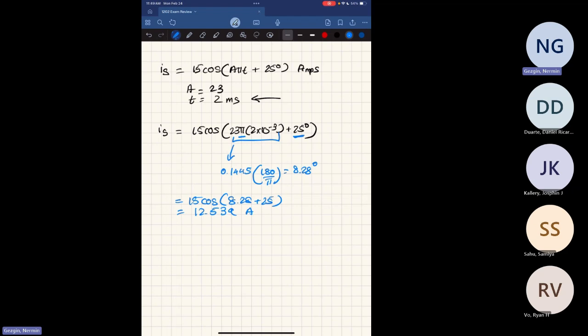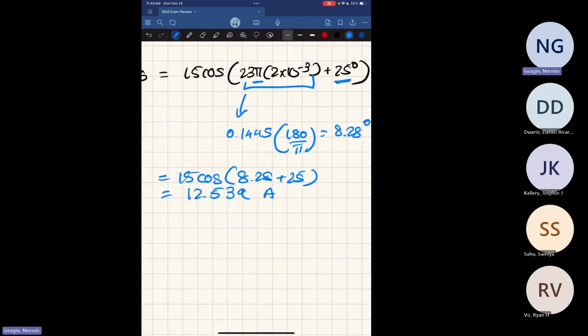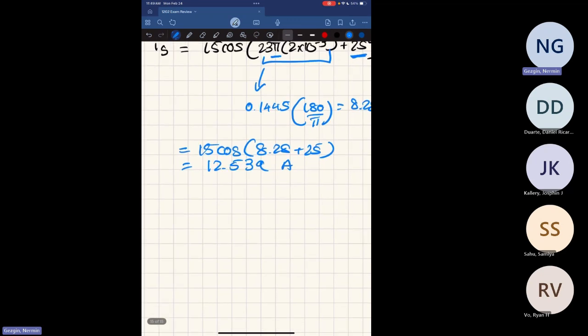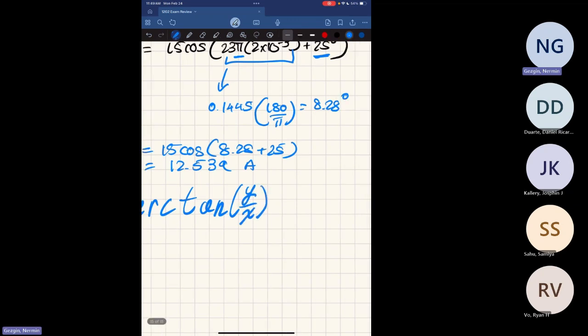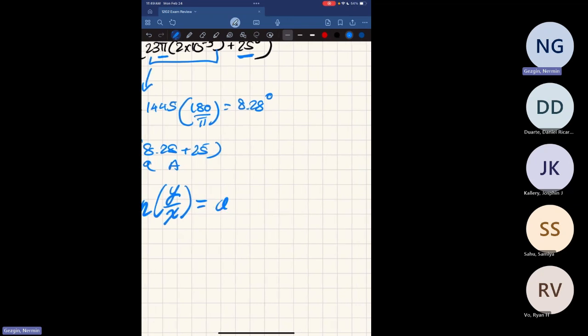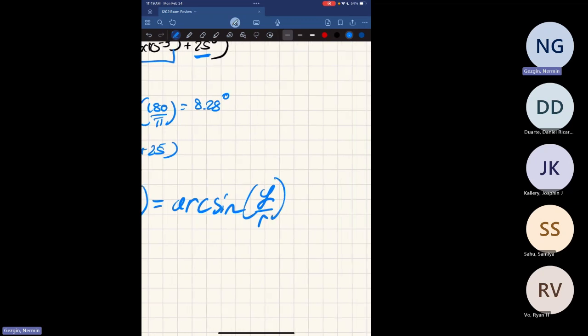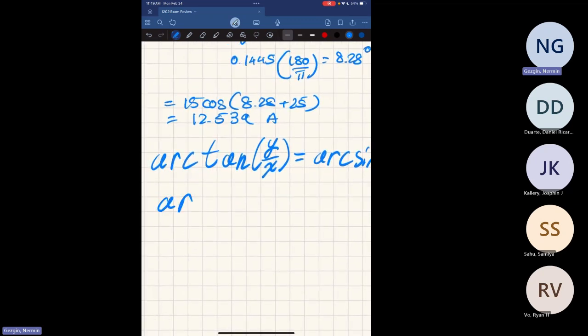If you have a hard time with the whole arctan concept, whenever you're converting from rectangular into phasor form, what you can do is this: the arctan of y over x also equals arcsine of y over r, where r will be your z, the magnitude of the impedance.